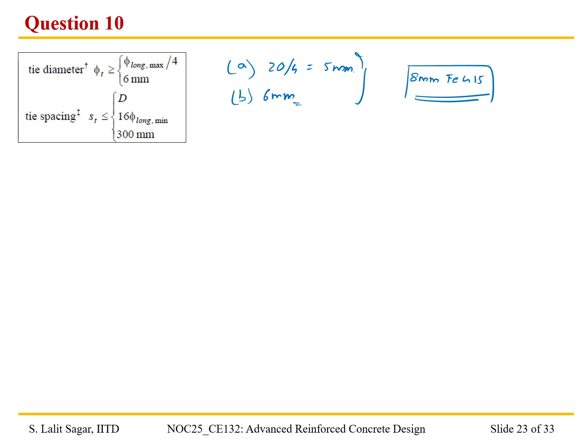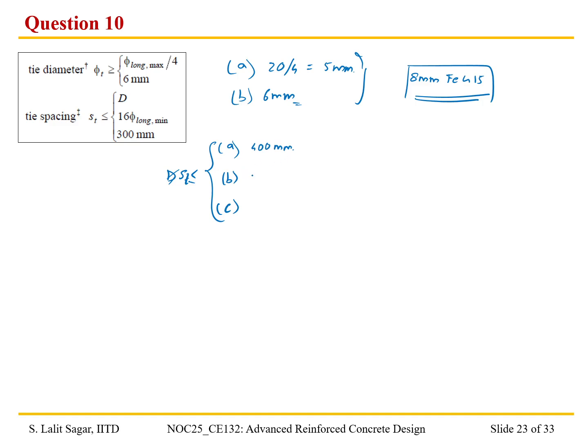Now we need to determine the spacing. The spacing has to be the least of these three values. So spacing St is less than or equal to the least of these three values. First we have the value of D, the least lateral dimension, that is 400 millimeter.